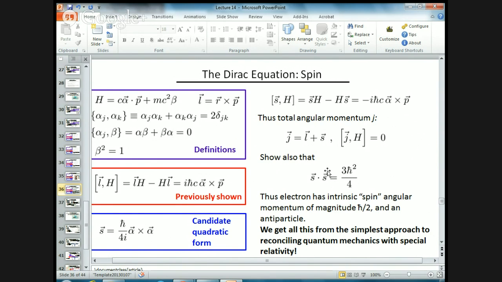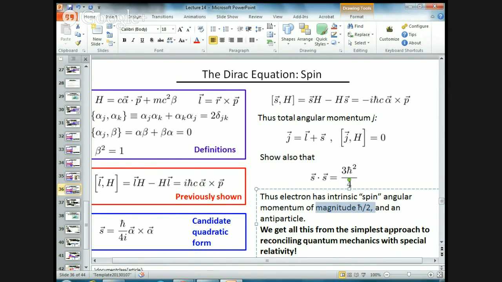And it turns out that when you calculate this product S dot S, it's just equal to 3/4 h bar squared, which is h bar squared times 1/2 plus 3/2. So that means that you get a spin of a half.